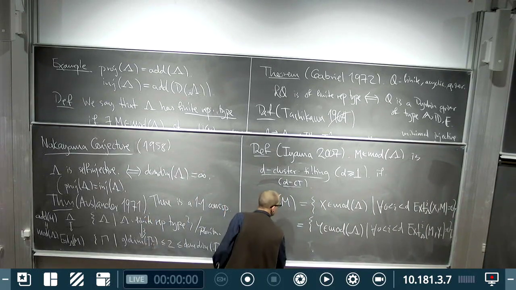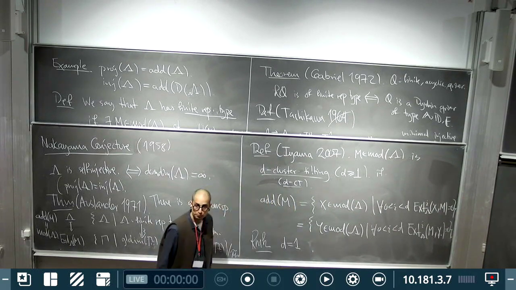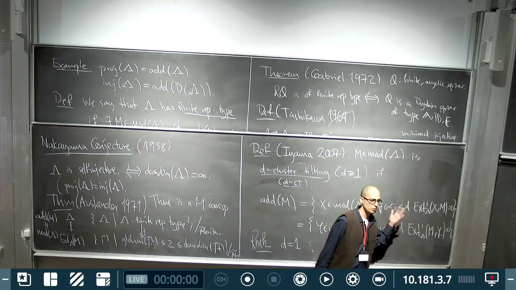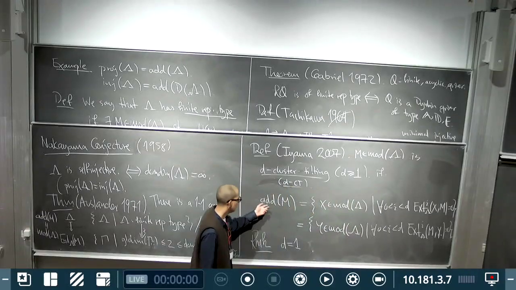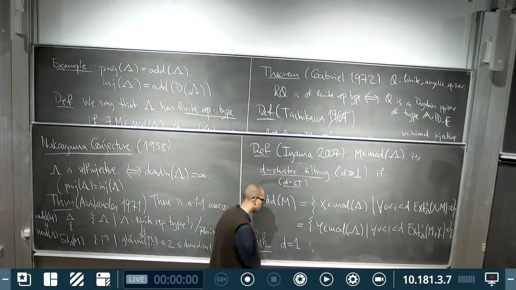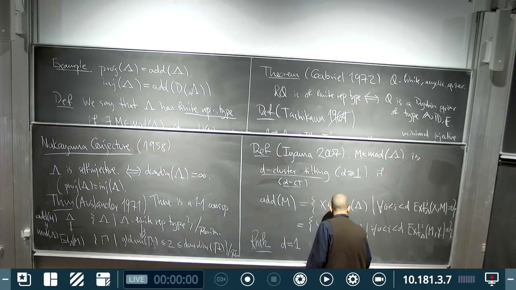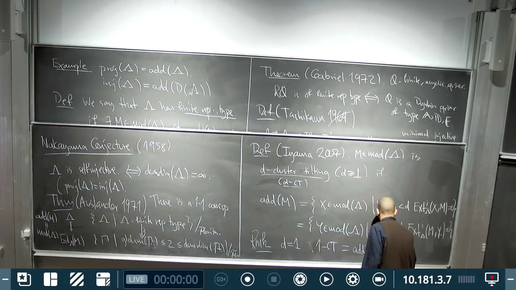So remark, if I put d equals 1, there are no integers strictly between 0 and 1, so this condition is empty, so satisfied by every module. So every module lies in the additive closure of N, so one-cluster tilting is the same as an additive generator.